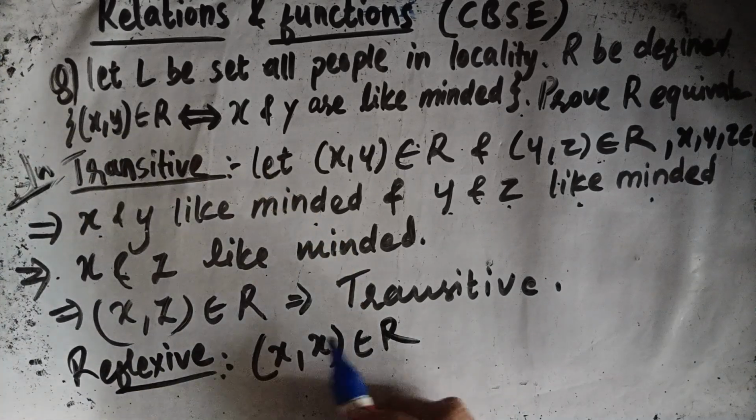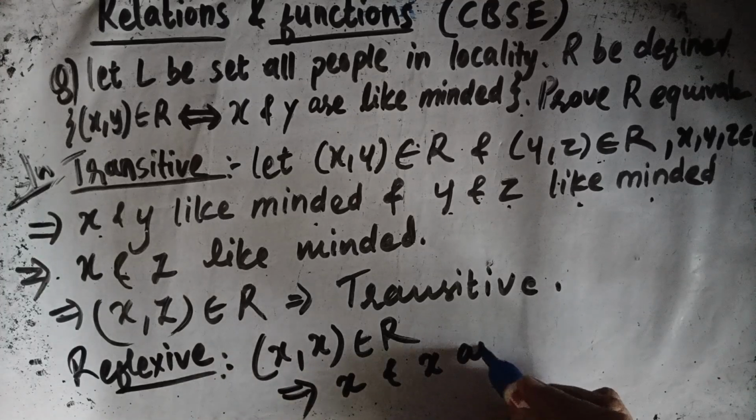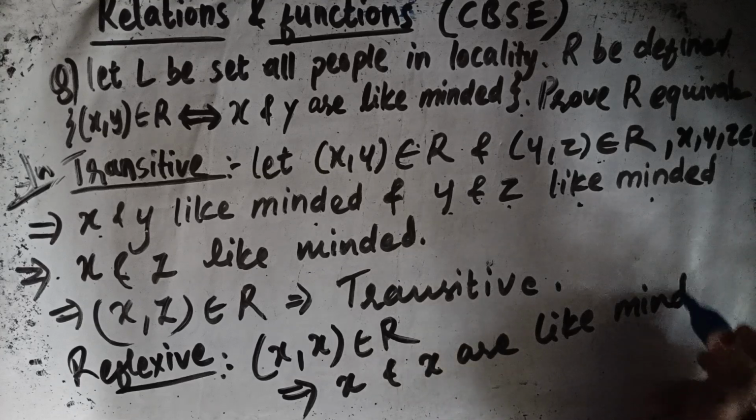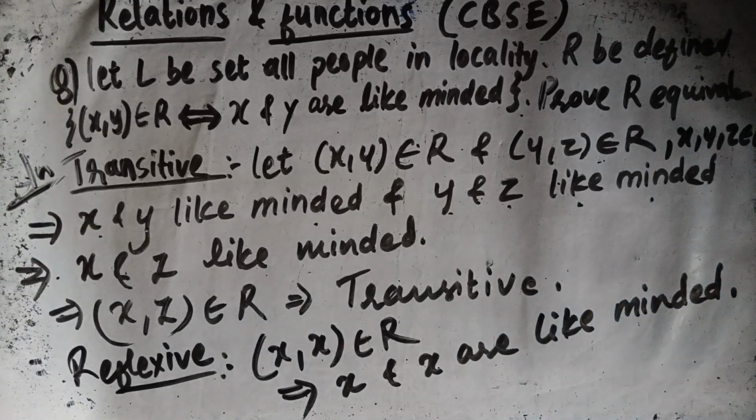So you can directly write that x and x are like-minded. So you can directly start with an element from the relation set.